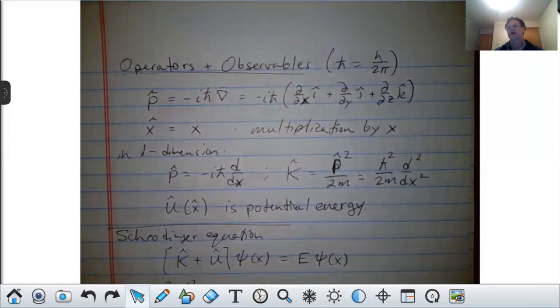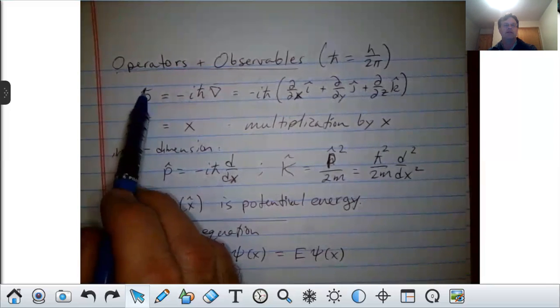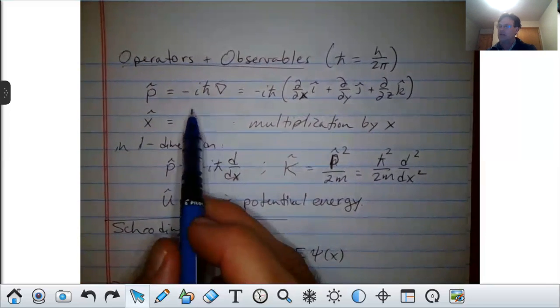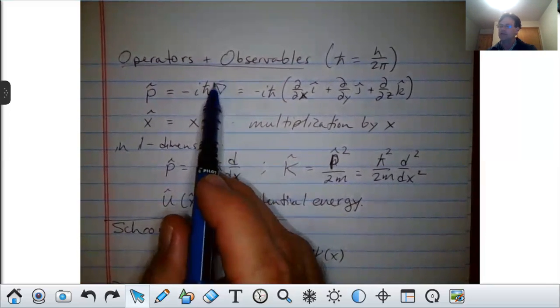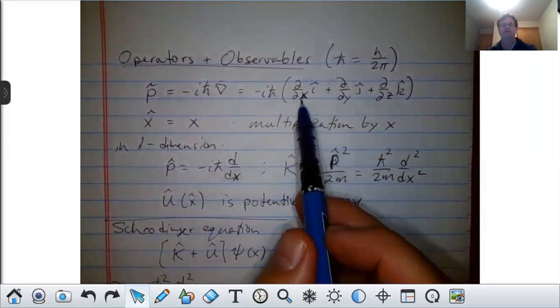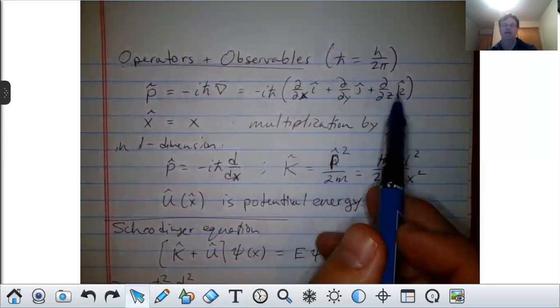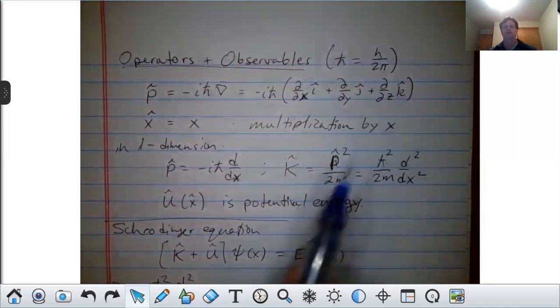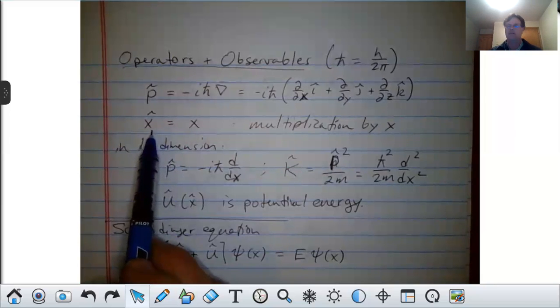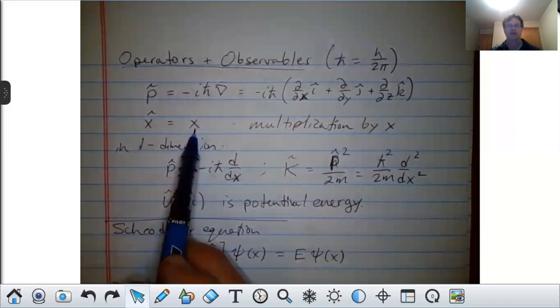And as it turns out, the momentum operator, denoted by this little hat here, is negative i h bar times this gradient. Now, in 3 dimensions, what the gradient means is that you take partial derivatives in each direction, i hat, j hat, and k hat. You also can have a position operator, which we define just to be multiplication by x.